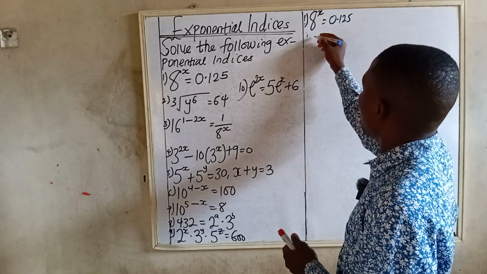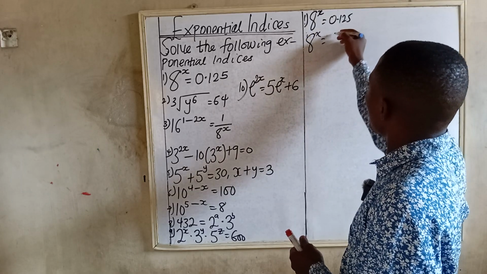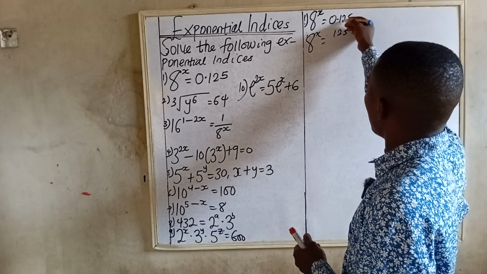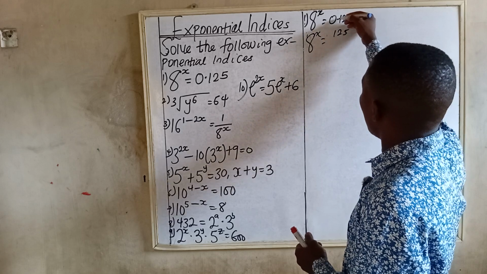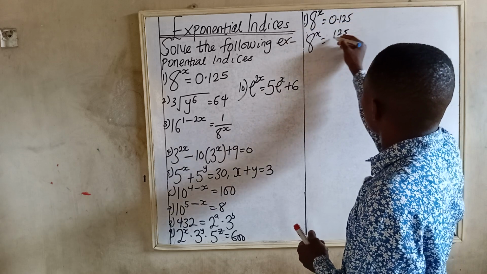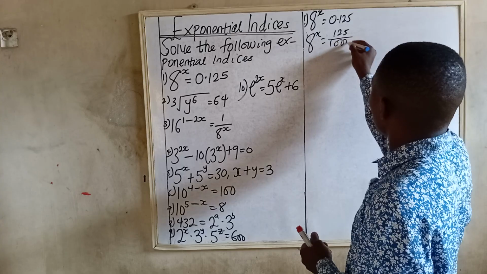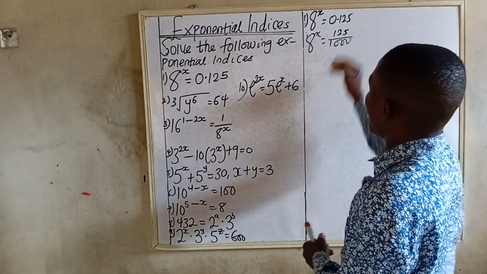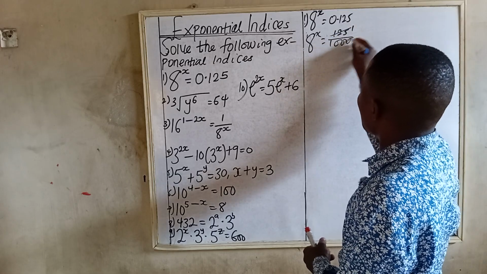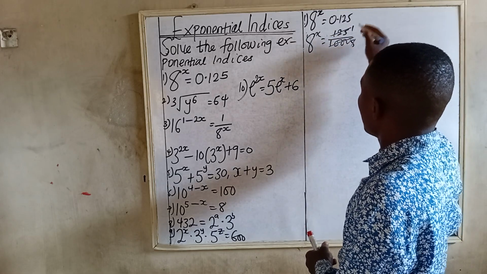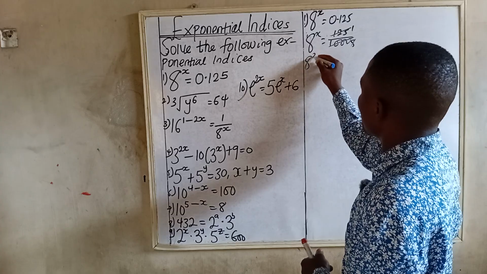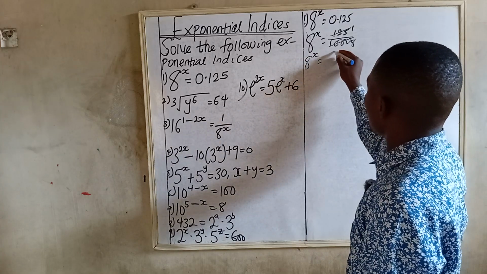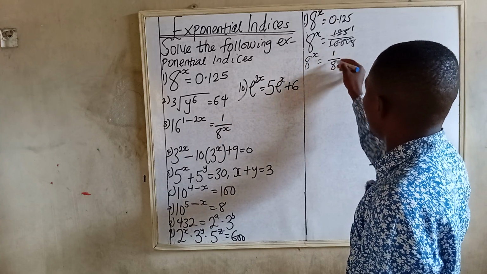So in fraction, we have 125 over 1000, because we have 3 decimal places. Now we can divide: 125 into 1000 will give us 8. So we're left with 8 to the power x is equal to 1 over 8.